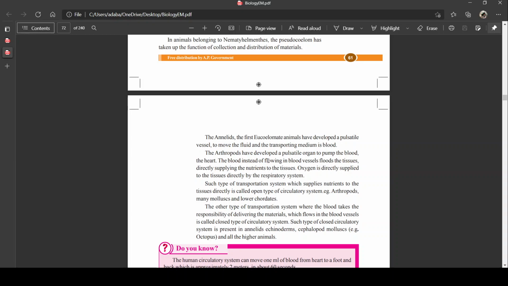In the Arthropoda phylum, arthropods have developed a pulsatile organ to pump the blood, and the blood, instead of flowing in blood vessels, directly supplies nutrients to the tissues. Oxygen is supplied directly to the tissues by the respiratory system.